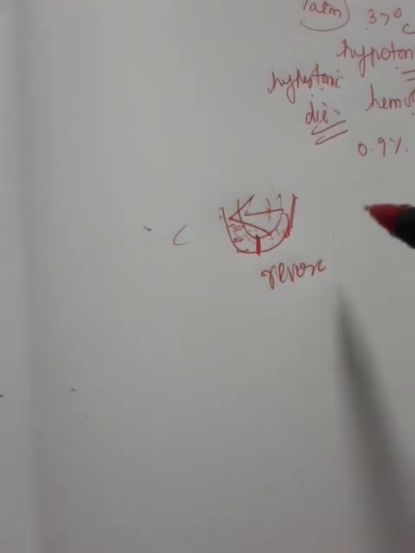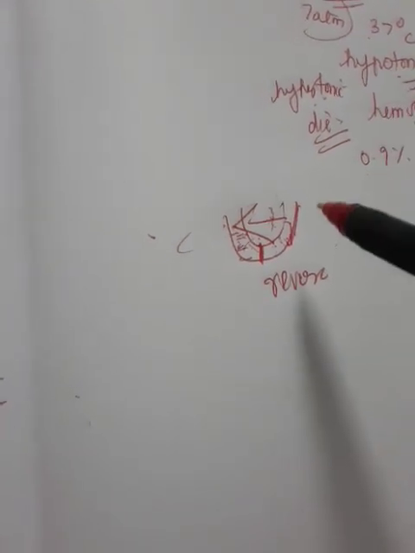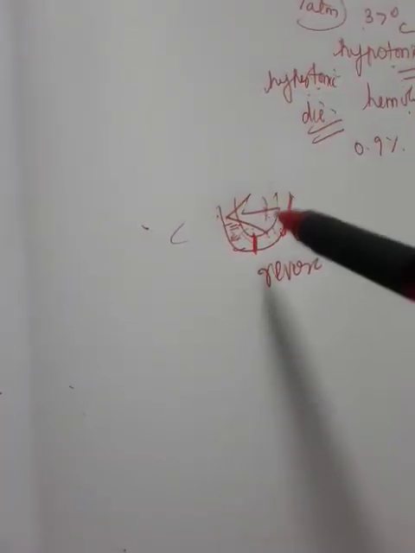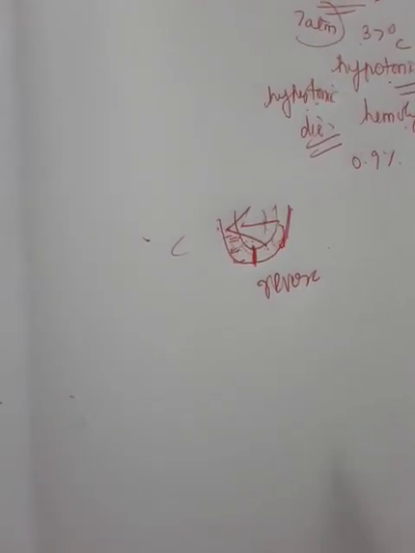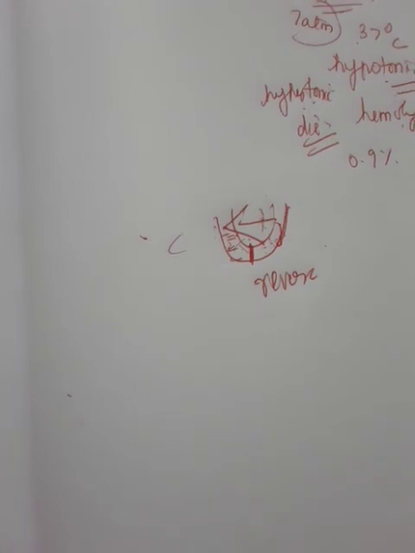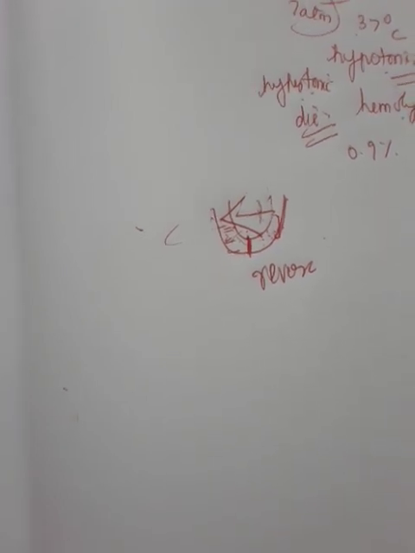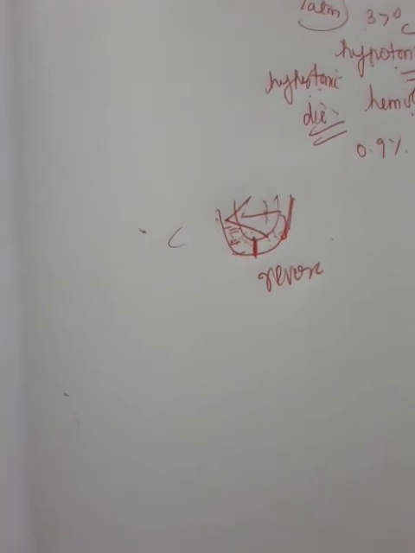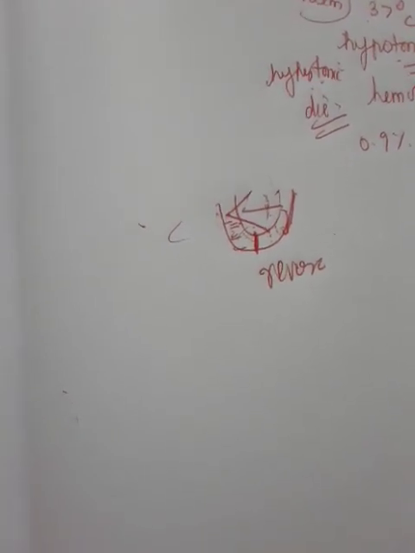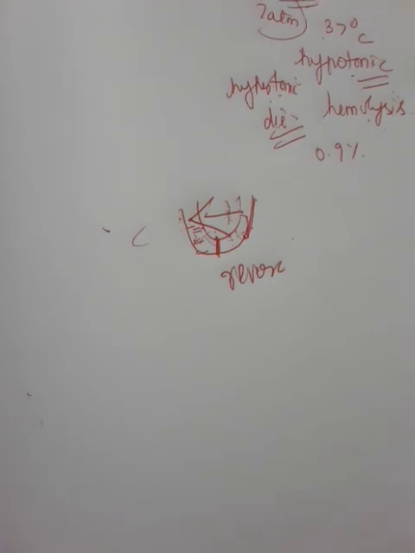Then the small definitions: isotonic, hypertonic, hypotonic, hemolysis, what is meant by reverse osmosis, and why semi-permeable membranes are used. Everything is given clearly in the book on pages 54, 55, 56. Prepare well, children. Thank you.